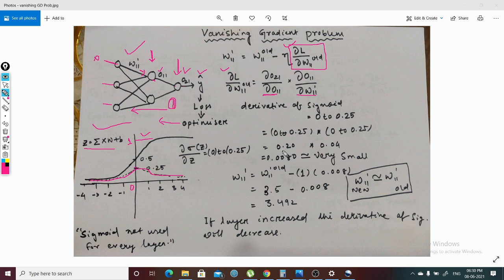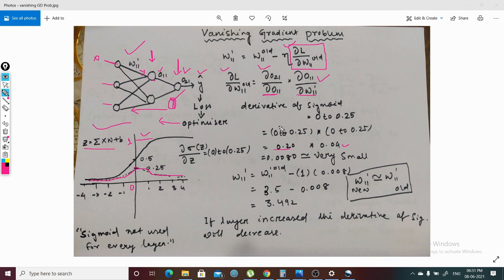Supposedly we are taking 0.20 for this layer, the derivative of this output with respect to the previous output. And the derivative of the sigmoid activation function would be 0.04. If we multiply this, we will get a very, very small value, which is close to 0.